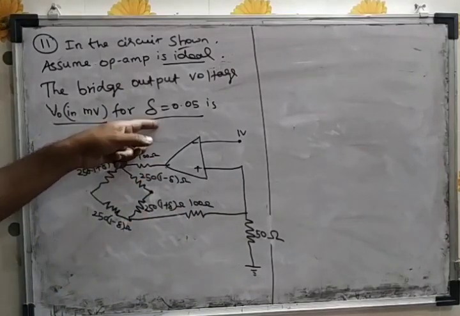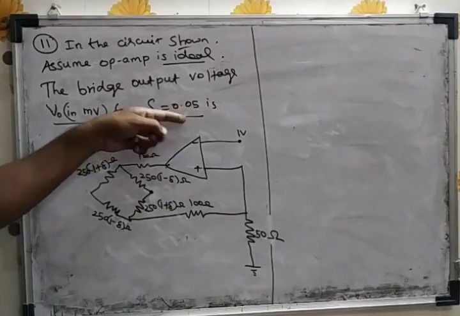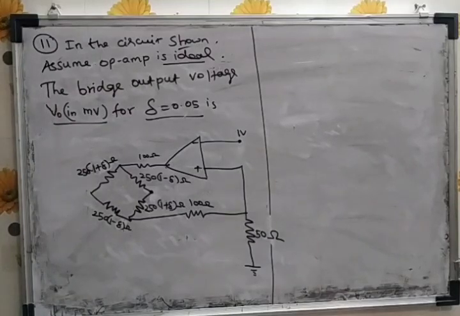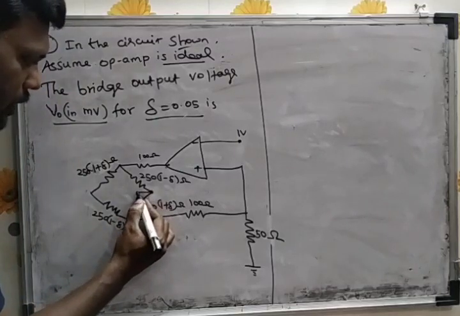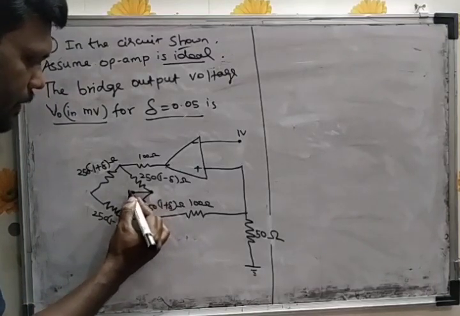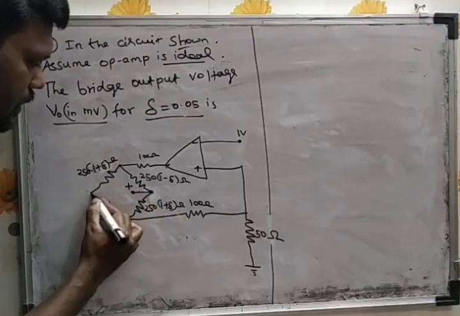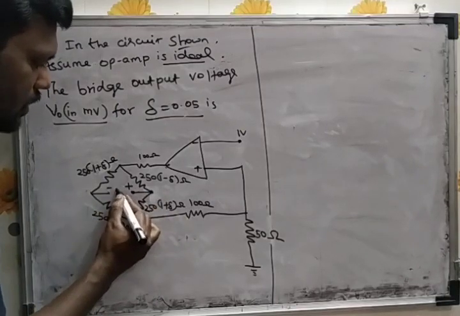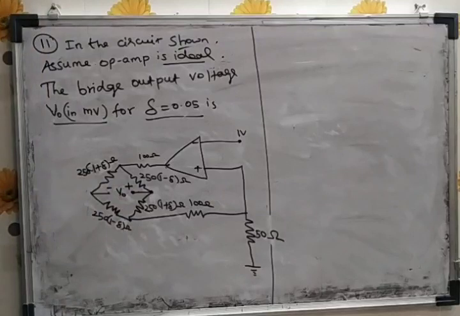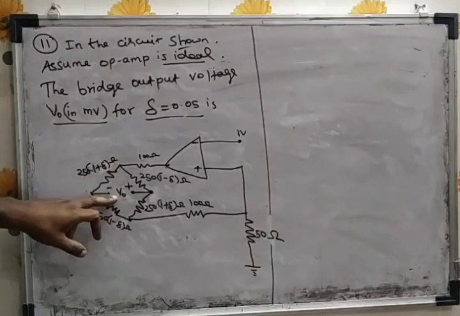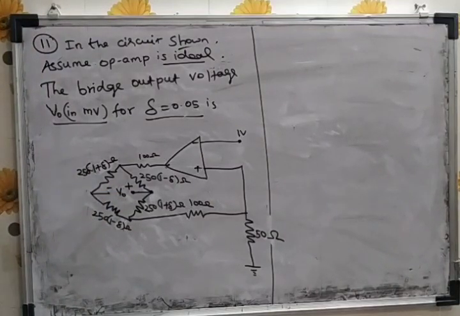The del value is 0.05. You have to find V0 in millivolt, the bridge output, with plus and minus here. This is V0.